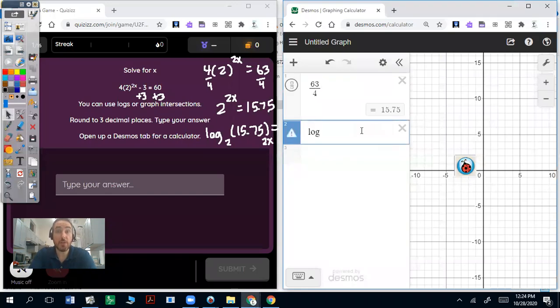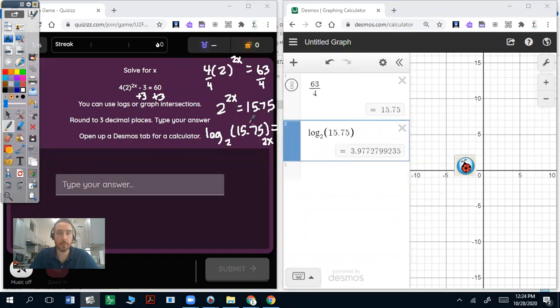Log, shift minus 2, parentheses, 15.75, close parentheses, 3.97727. Equals 2x. Then divide by 2.